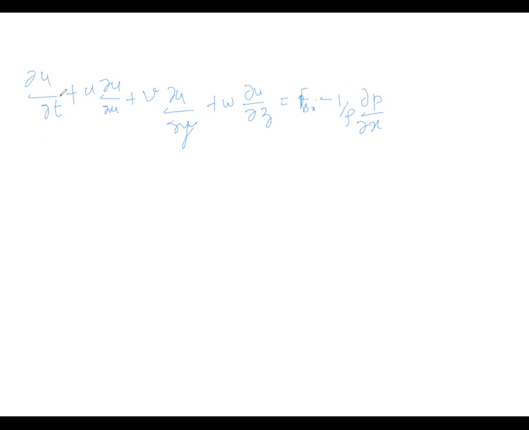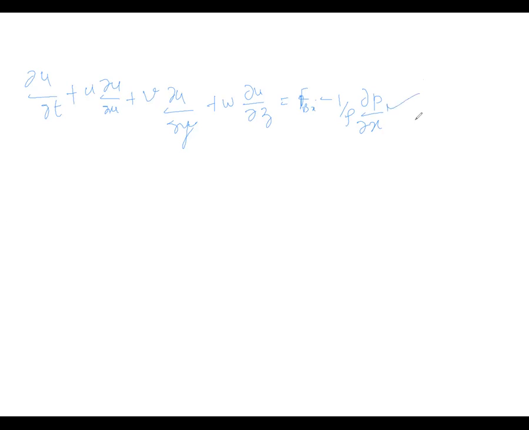Similarly, writing Euler's equation for the y direction, you have del v by del t plus u del v by del x plus v del v by del y plus w del v by del z equal to the body forces along the y direction minus 1 by rho into del p by del y.